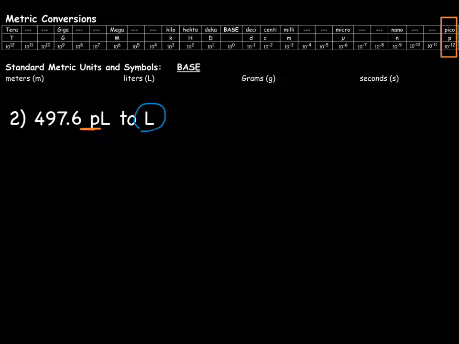Anyone remember? We go to base. Remember, if there's no prefix, we use the base. All right, so we're moving from pico to base, which is 1, 2, 3, 4, 5, 6, 7, 8, 9, 10, 11, 12. 12 moves to the left.